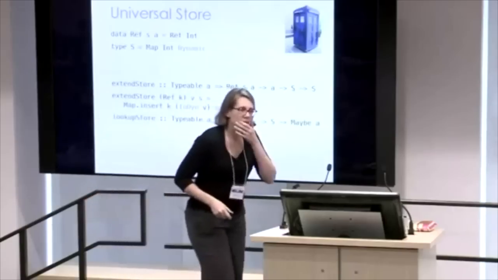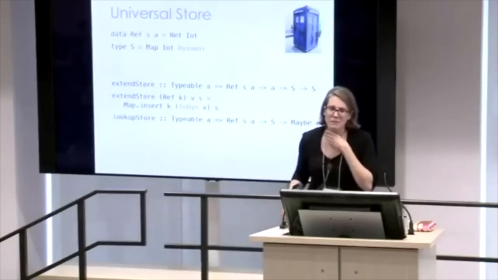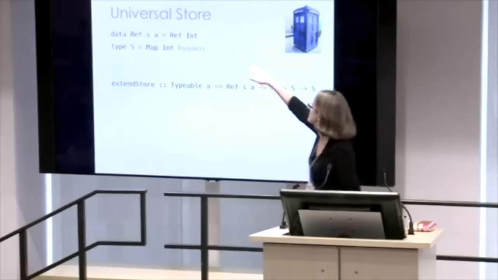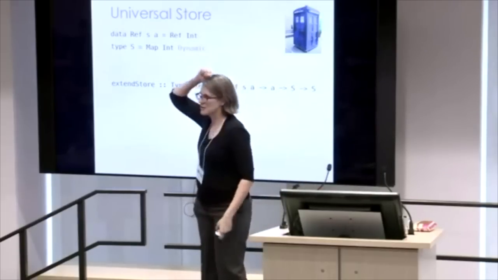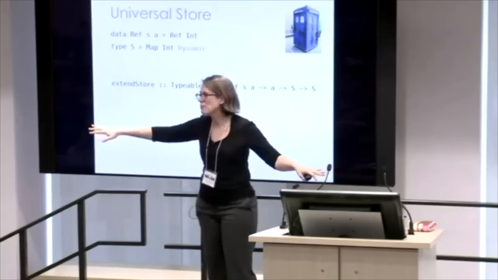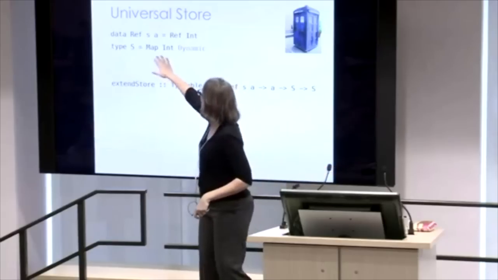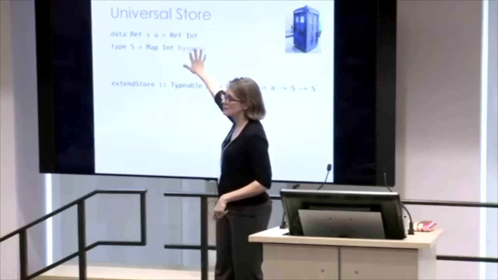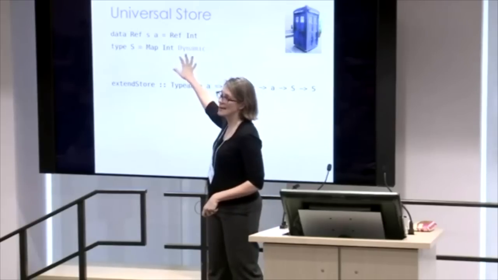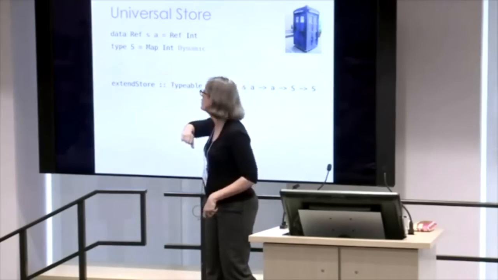So here's how we can use Dynamic to implement this store. Our references are just going to be numbers. You can think of them like heap addresses. They're just going to be indices into some map of values, but the range of the map is going to be Dynamic because we want to be able to store any type of value there.